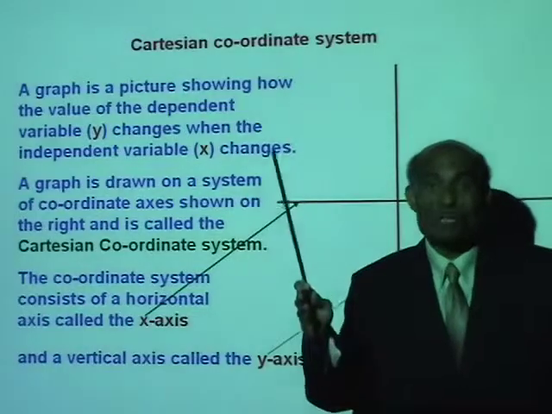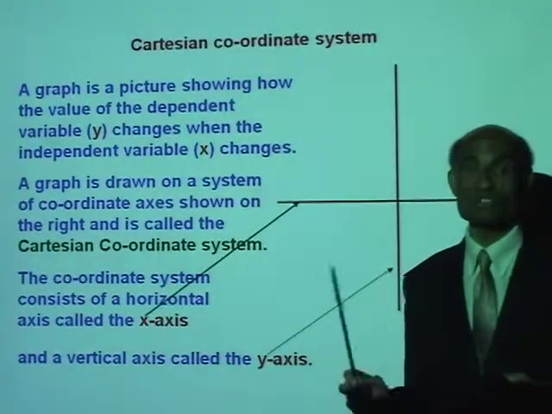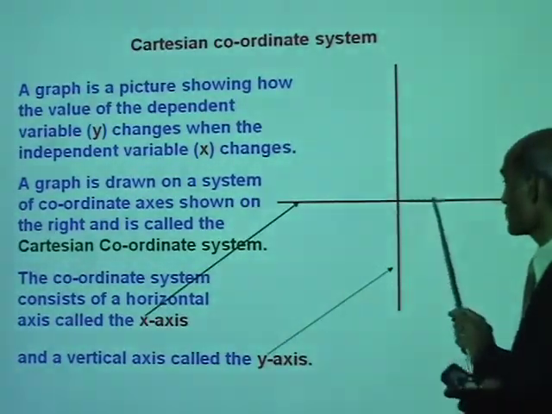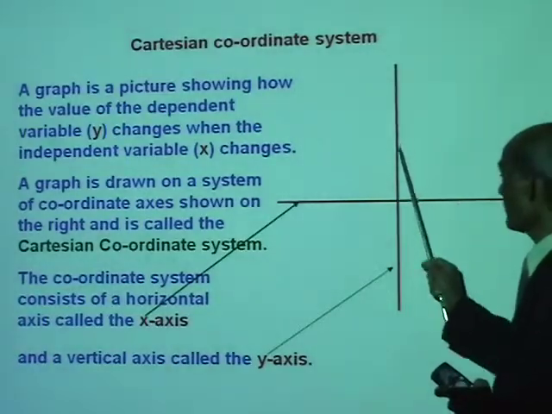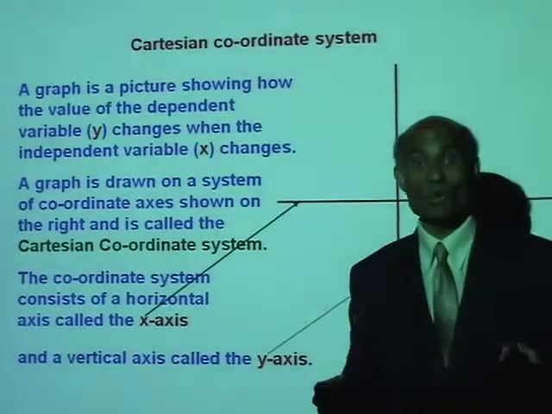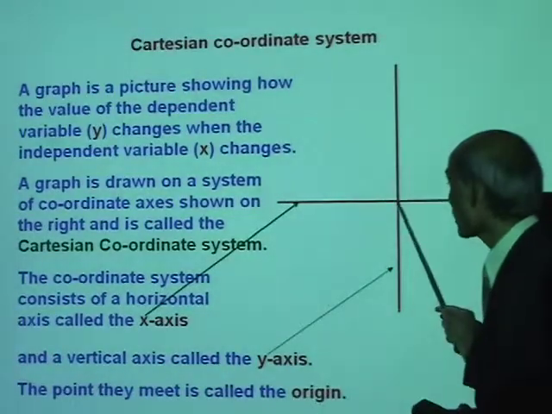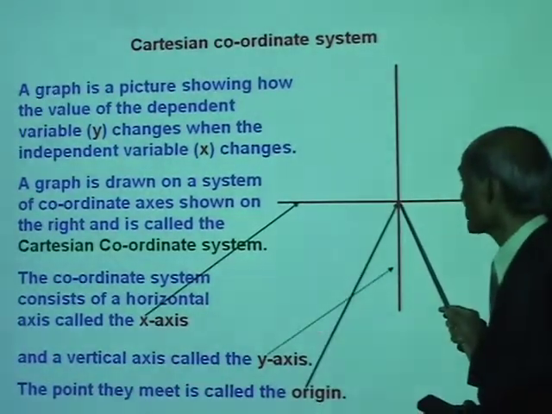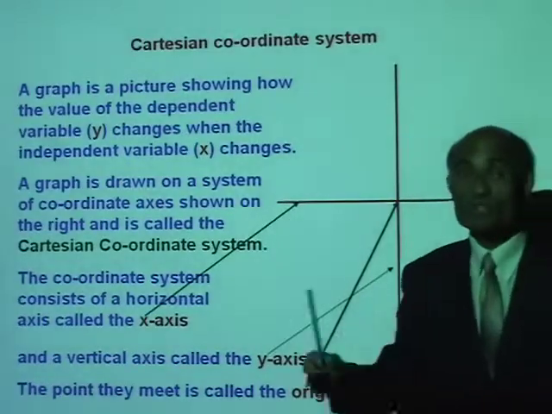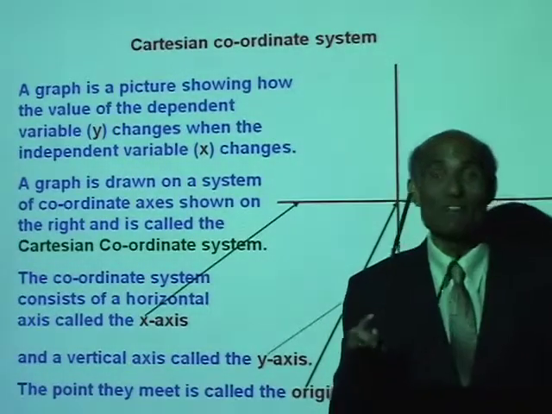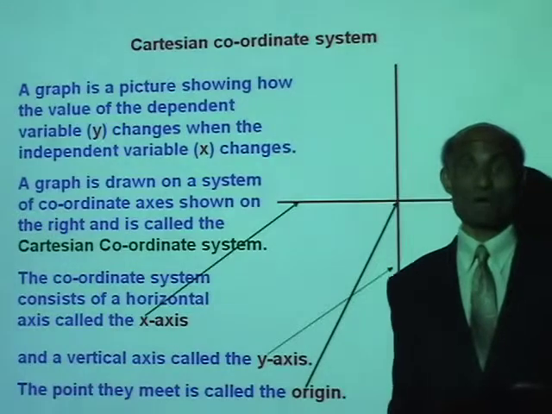So this is the most important part of a Cartesian system. The point they meet is called the origin. That's the origin, and usually we give the value 0 for the origin.